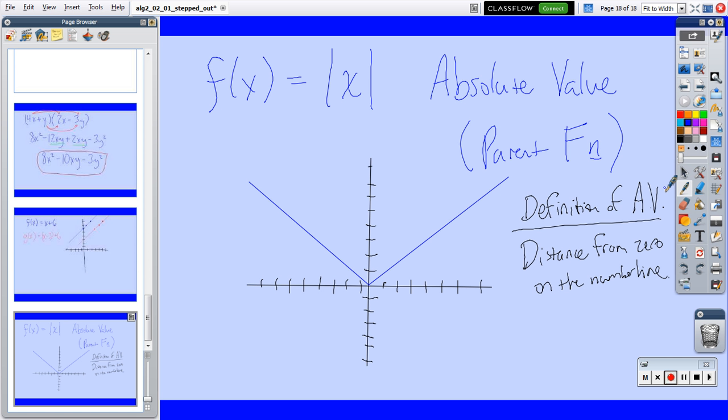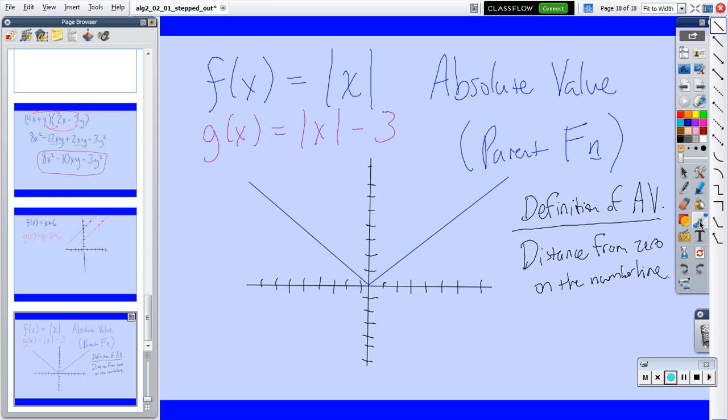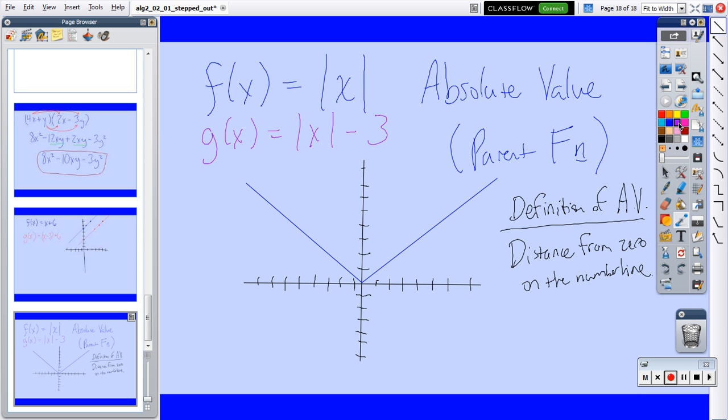Now, if I shifted it down, if I put a -3 on the outside, I would get this exact same graph, just shifted down. So why don't I put that on there while we're here? Let's say g of x is equal to the absolute value of x, minus 3. One, two, three.